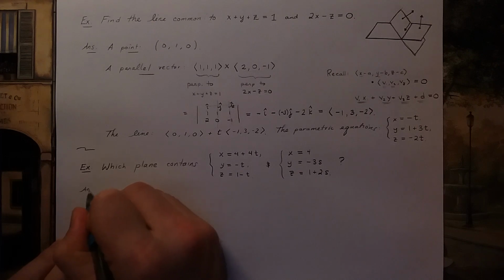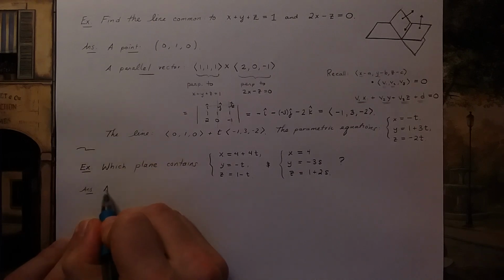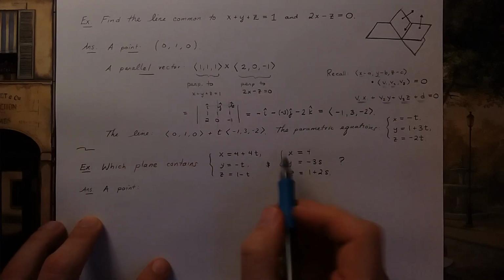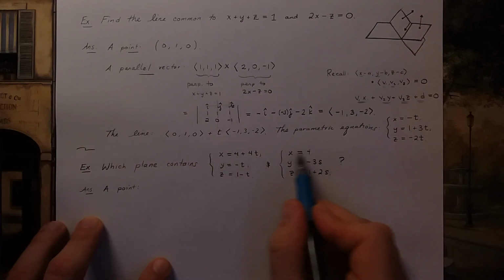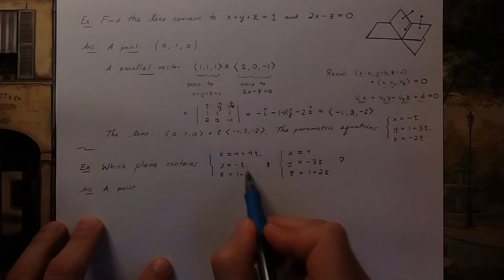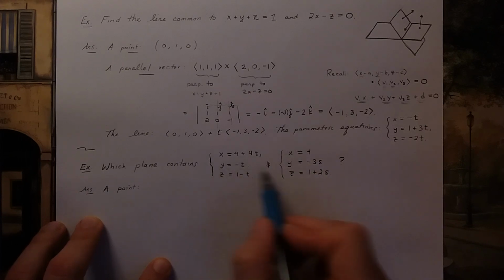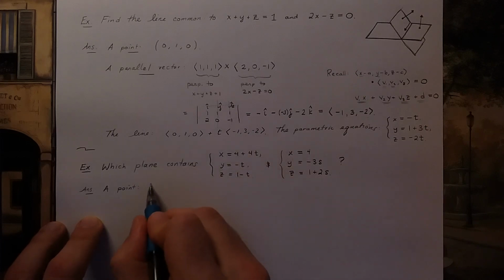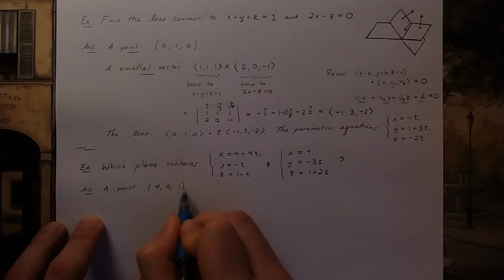So here's my answer. A point on the plane: well, the plane contains the lines that you see here. So if you pick any value of t, you get a point on the plane. So I'll pick t equals 0 here and find the point 4, 0, 1.